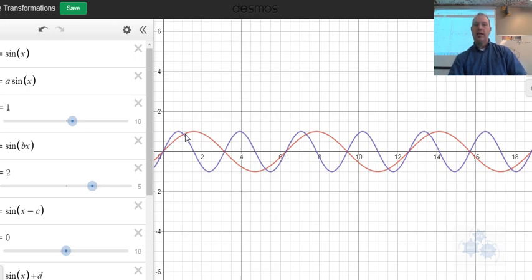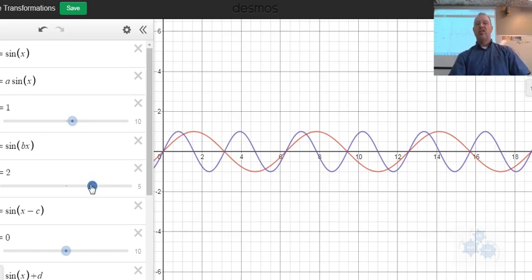Now, instead of 1 sine graph, we have 2 sine graphs. So when b is 2, where 1 sine graph would fit, now 2 sine graphs fit. So you can think of b as how many regular sine graphs would fit in 2 pi.